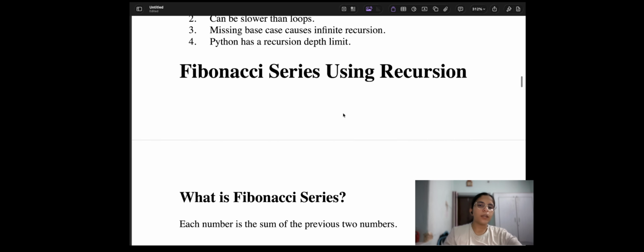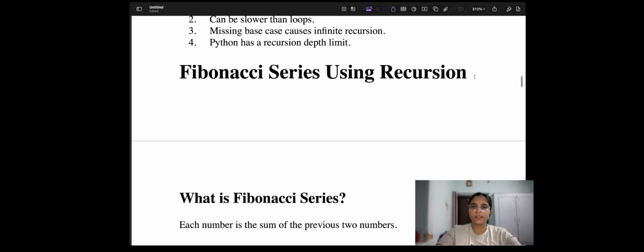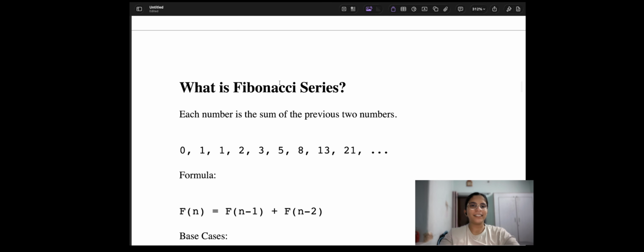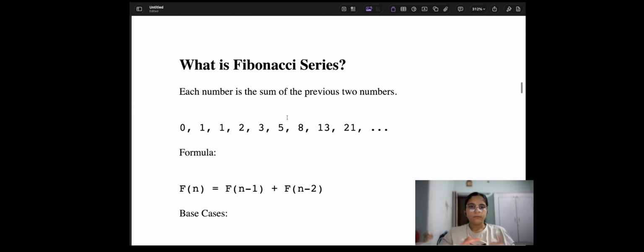Now, a very important and very interesting question: Fibonacci series using recursion. What is the Fibonacci series? First we need to know what it actually is and why it is used.